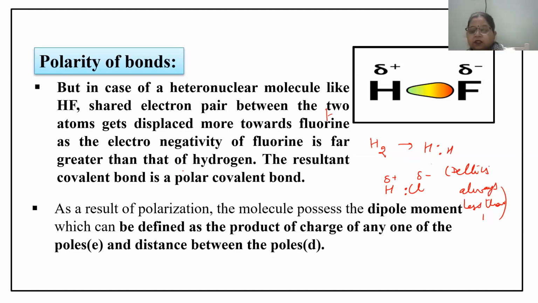The charge on any of the atoms, in the case of H, is plus 0.37, and in the case of chlorine, it will be minus 0.37. So you have to take only the numerical value of charge, and then multiply it by the distance, that is the bond length, to get the value of the dipole moment.